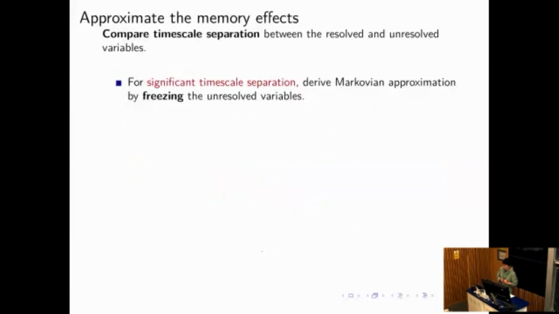When you reduce the system from large scales to small scales, originally you have a dynamic system, but after you reduce the degrees of freedom, you will have something called memory effects arising from the degrees of freedom that you throw away.